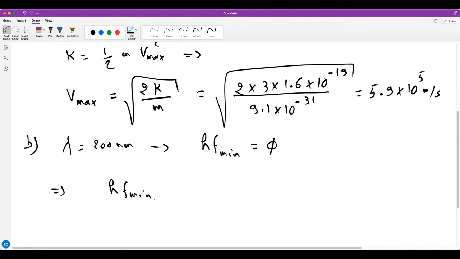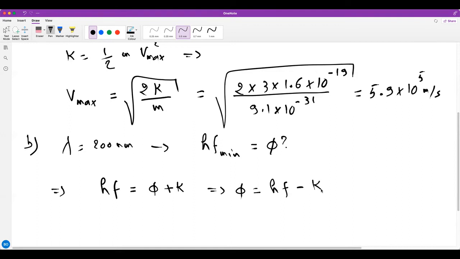The first thing we need to do is to calculate the work function. We know that h f is equal to phi plus the kinetic energy, which means the work function is equal to h f minus the kinetic energy.